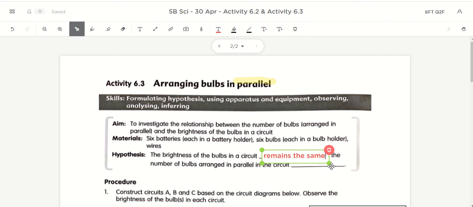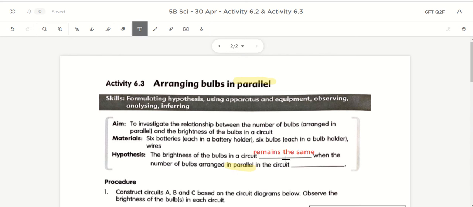The brightness of the bulb remains the same when the bulbs are arranged in parallel. The keyword here is in parallel. Okay, so whether you increase or decrease the number of bulbs arranged in parallel, the brightness remains the same. Okay, so this is the theory that we have learned.